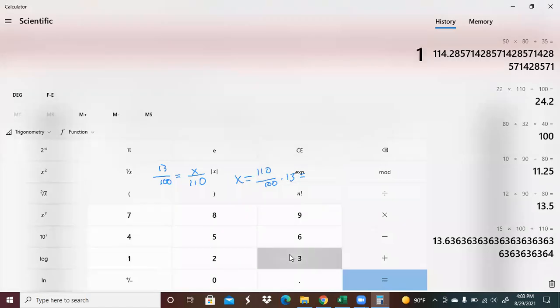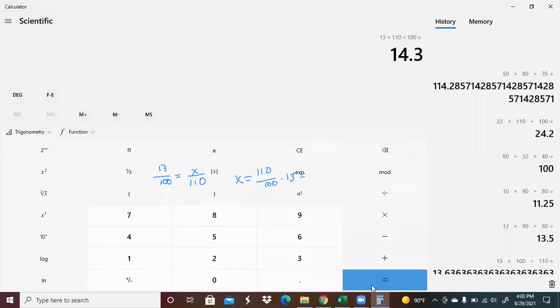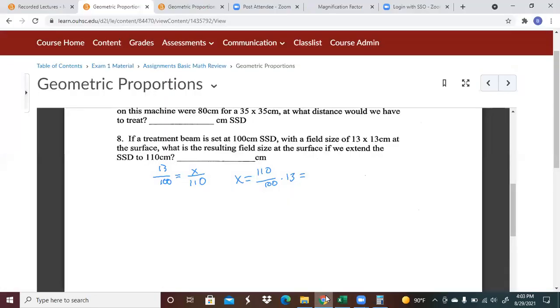So 13 times 110 divided by 100, 14.3. Okay.